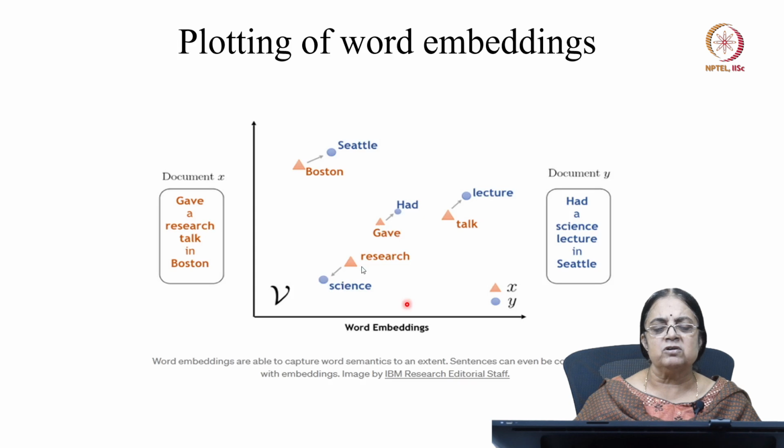Science and research are close to each other. Talk and lecture are close to each other, etc. This shows that there is some meaning in these word embeddings. The word embeddings are properly representing the words that we are talking about.